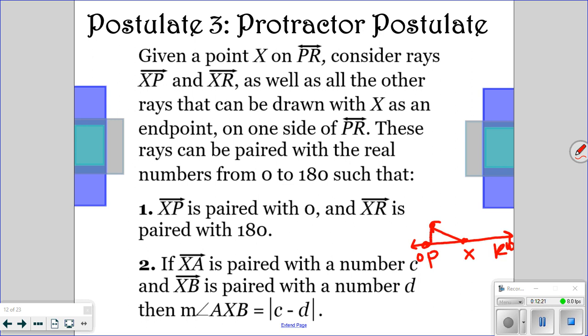This angle here you can find with a protractor. Or if we put it over here, we can find the angle here with a protractor. And that's all it's saying: the angle is just the difference between the 2 numbers. So that's your protractor postulate. It's basically a bunch of words for something that's not terribly difficult.